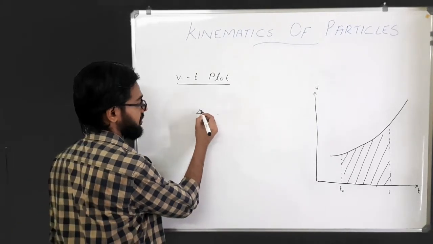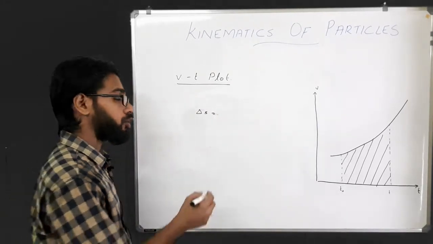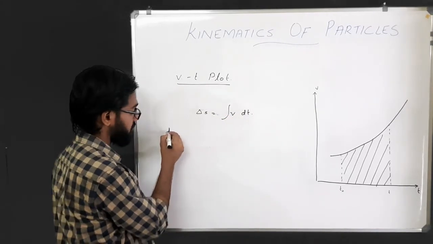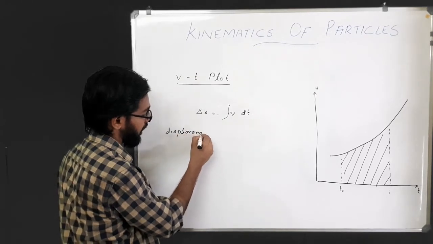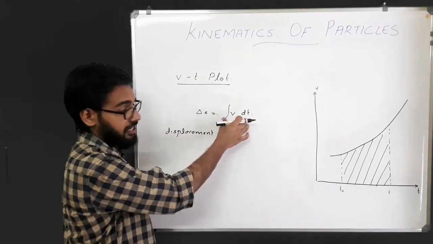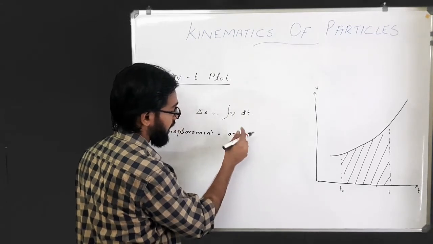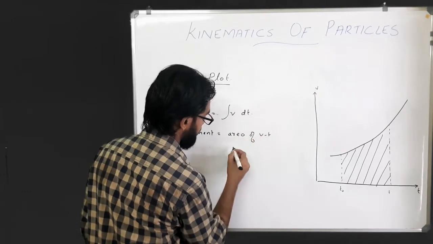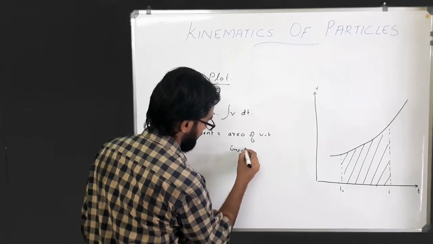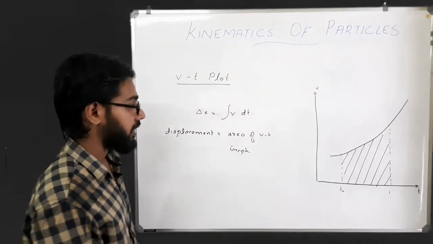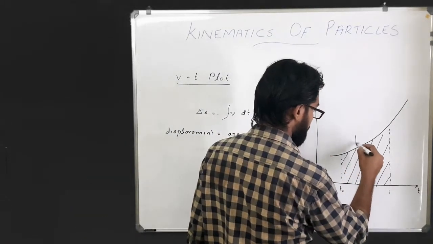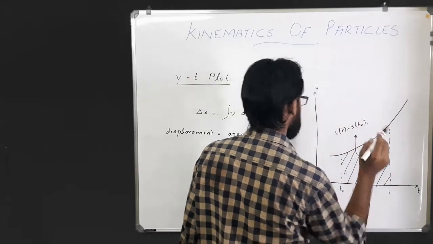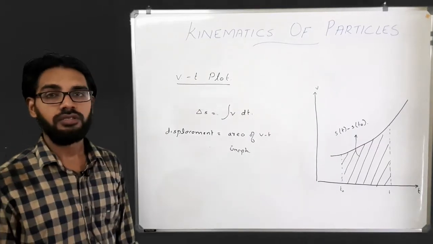So delta s will be equal to integral v dt. Here delta s is the displacement and integral v dt is the area of the v-t graph. So I can write this as area will be equal to s of t minus s of t0, the displacement.